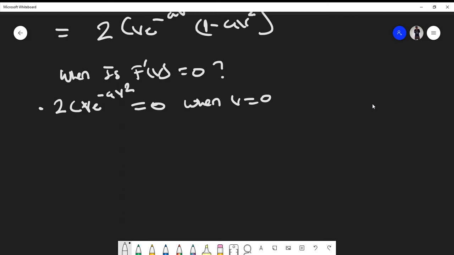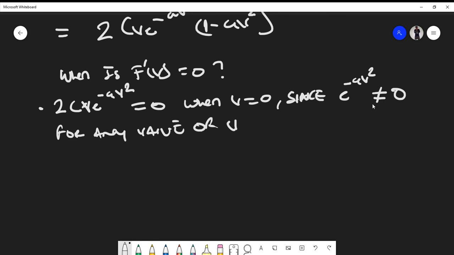It must be equal to 0 when v is equal to 0, since e raised to the negative av squared cannot equal 0 for any value of v.